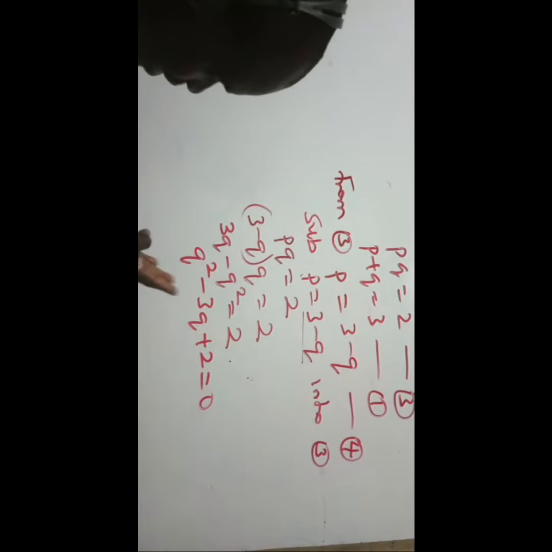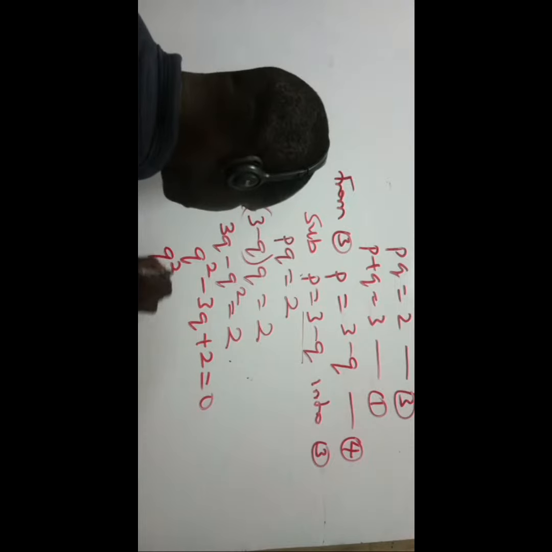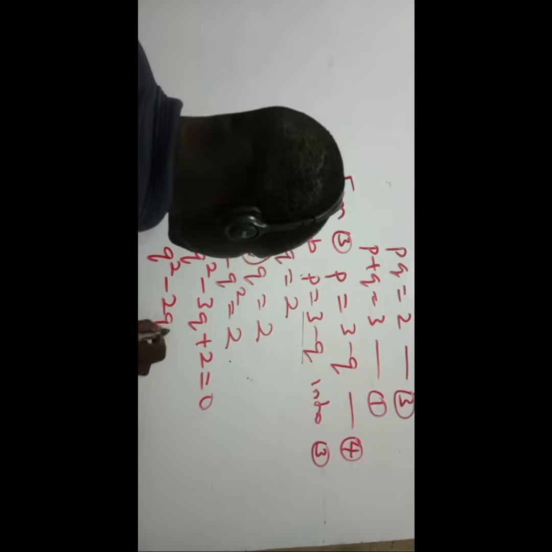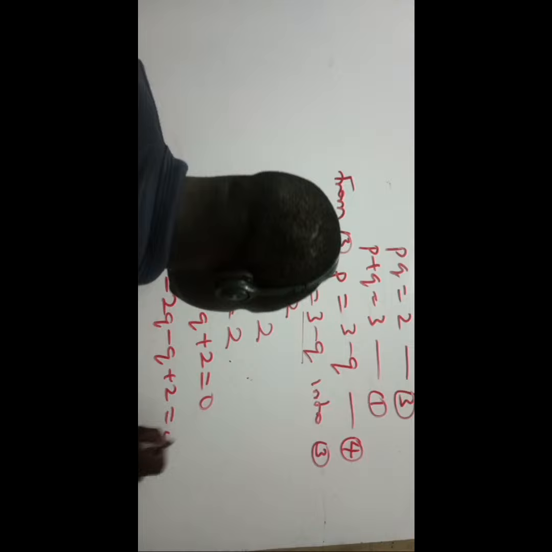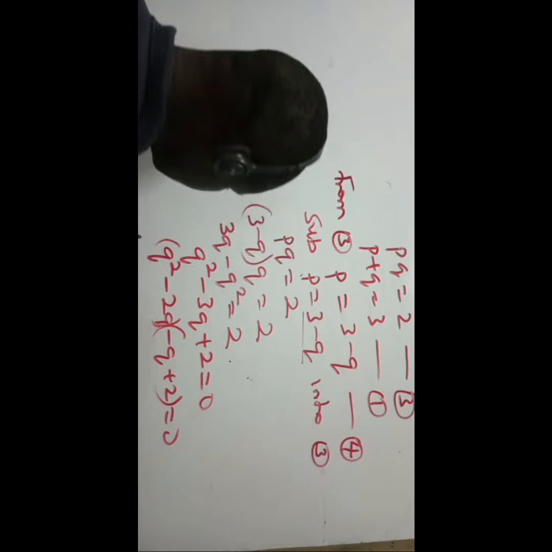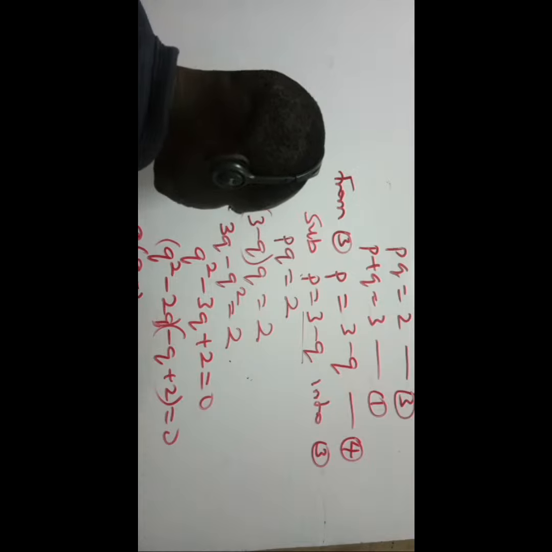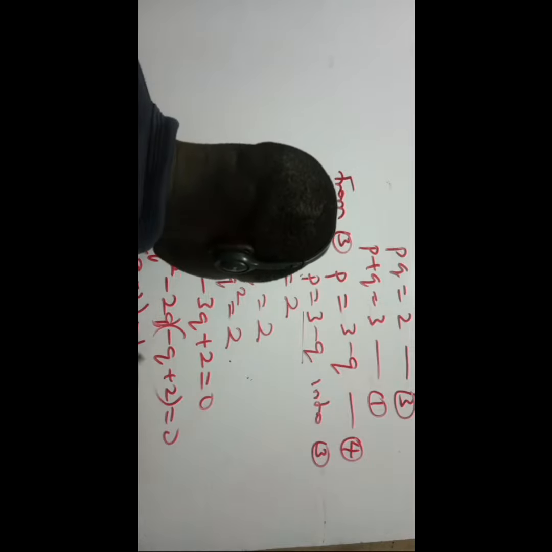So I've gotten a quadratic equation. And once I have a quadratic equation, and this type of quadratic equation is factorizable, I can go ahead and factorize this. So I'm going to have q squared minus 2q minus q plus 2 equal to 0. Then let's look for what is common. This is q. We have q minus 2. What is common here is minus 1. I have q minus 2 equal to 0.